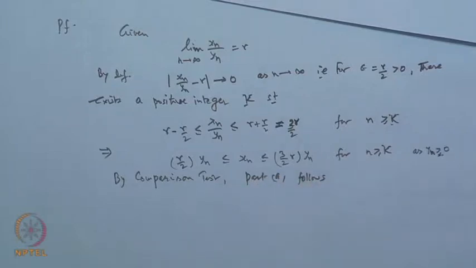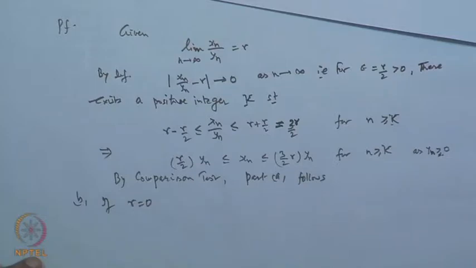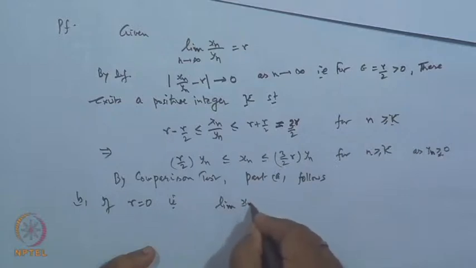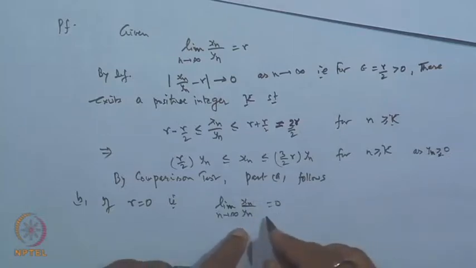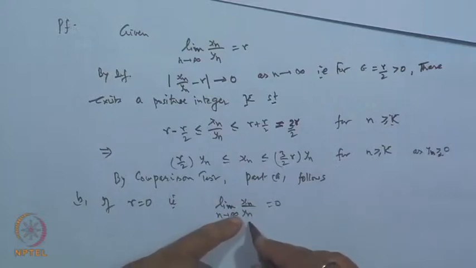Okay. That is it. Now, the second case is part B. If r is 0, that is, the limit of x n over y n as n tends to infinity is 0. Now, since x n and y n are both positive, non-negative, the ratio cannot be negative.